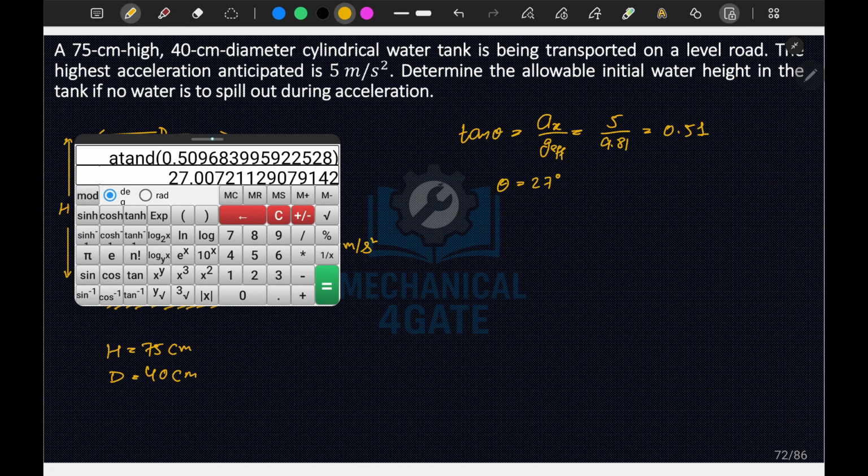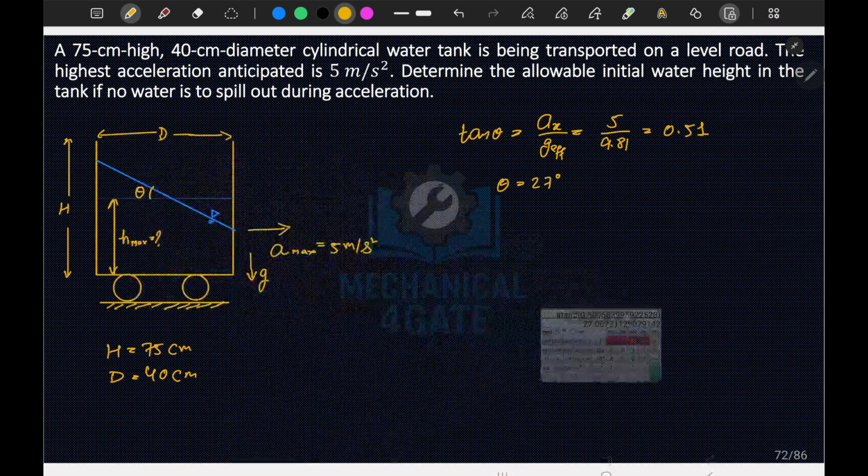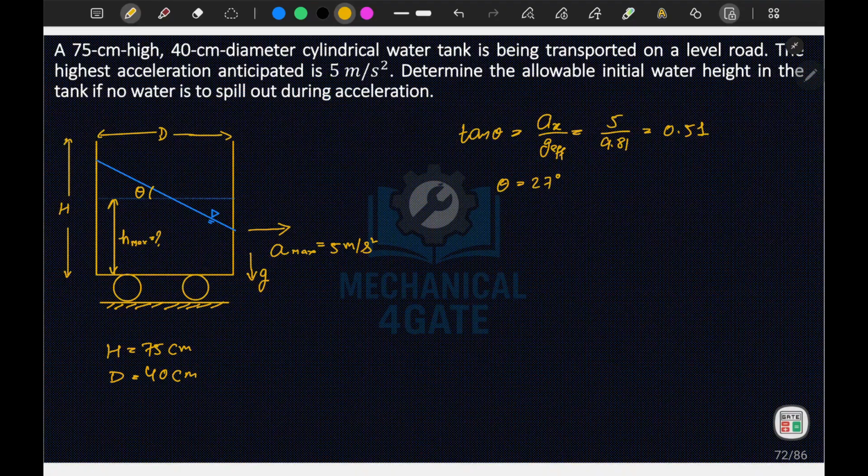Now I know the theta value. If I want to calculate this height, let's say for maximum acceleration, such that no water spillage occurs, then just before the spillage, this should be our condition.